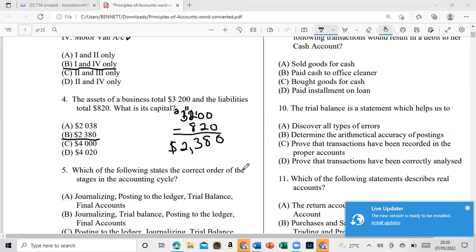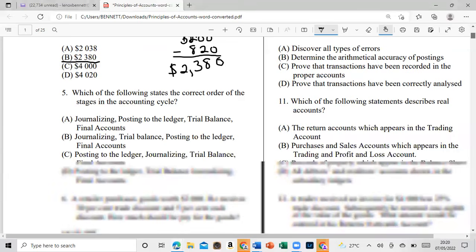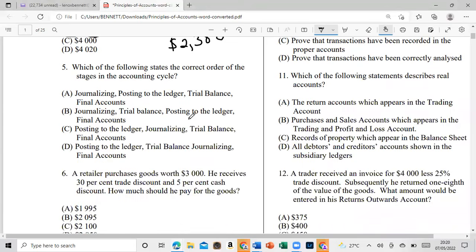Let's move on to number 5. I want to scroll down, but it doesn't want me to. All right, so it says, which of the following states the correct order of stages in the accounting cycle?